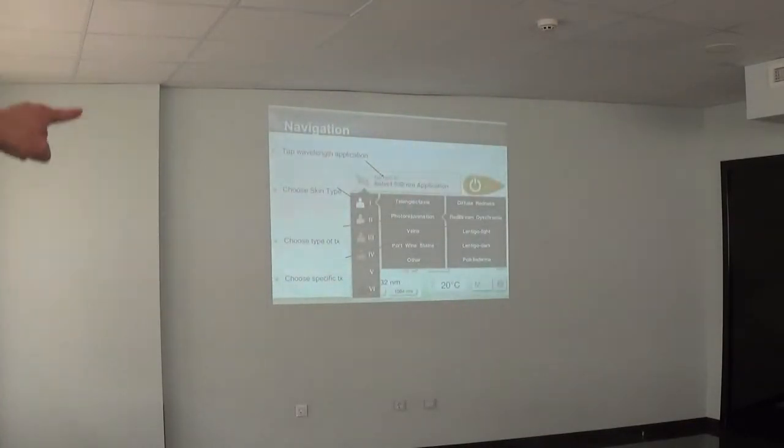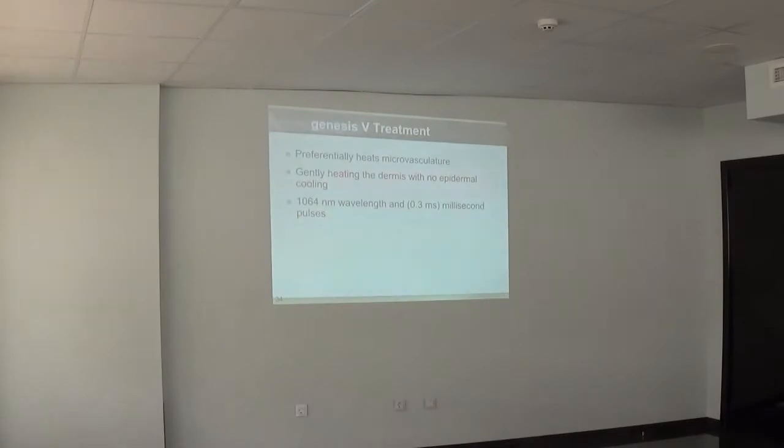Then you go to the skin type. For example, you choose photo rejuvenation and select red-brown discoloration, and then the system will select those parameters for you and adjust the spot size to 10 millimeter, adjust the fluence, etc. So you're able to start immediately.